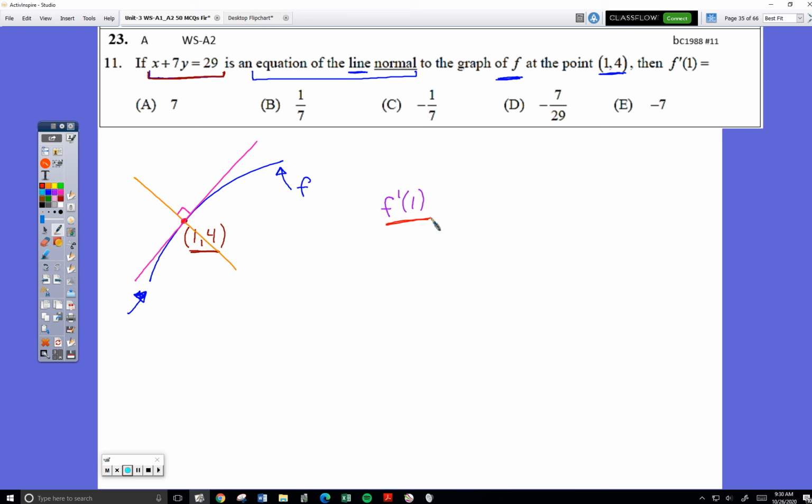They want to know the slope of the curve right here, which is the same thing as saying, what's this slope? Okay? They want to know what that slope is.